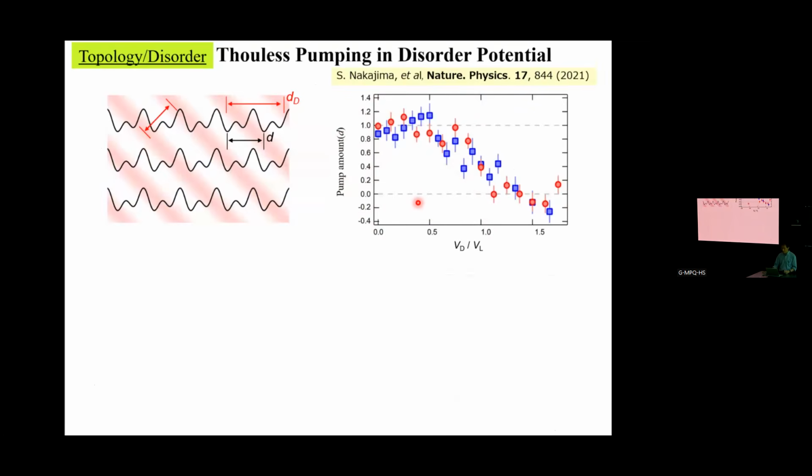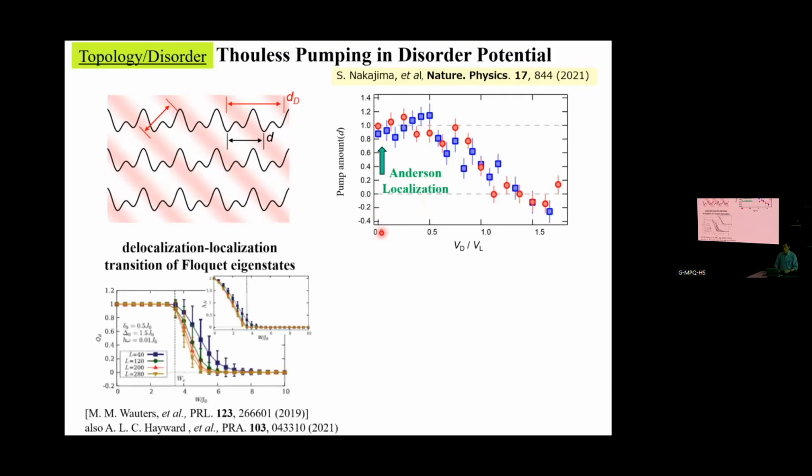In addition, our experiments show the robustness of the Thouless pumping against Anderson localization, which occurs at this weak disorder strength.